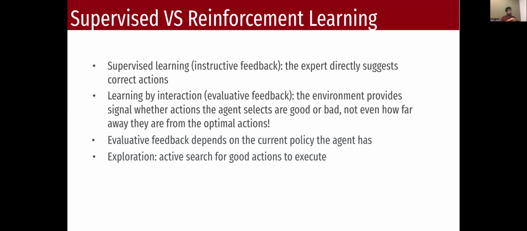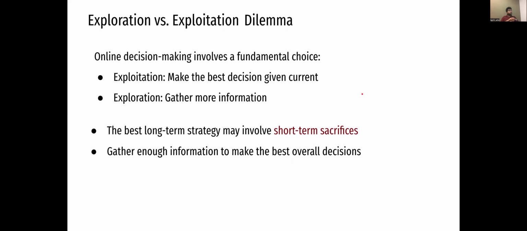Exploration means an active search for good actions to execute. Sometimes we have a dilemma between exploration and exploitation, so you need to know the basic difference between them. Online decision making involves a fundamental choice.